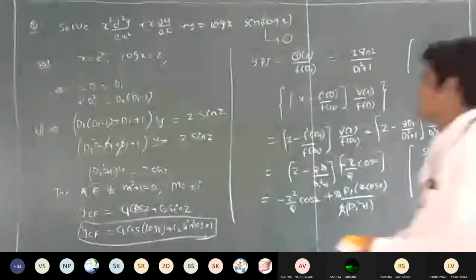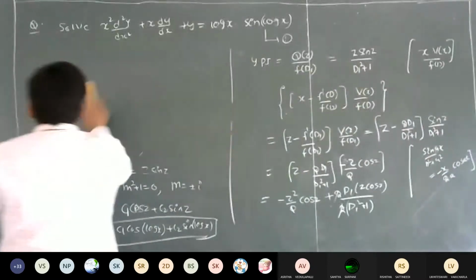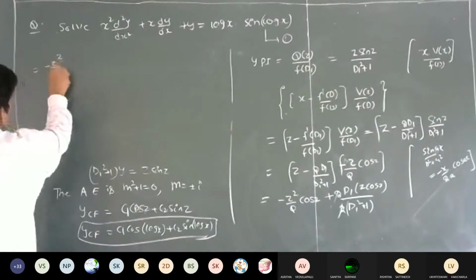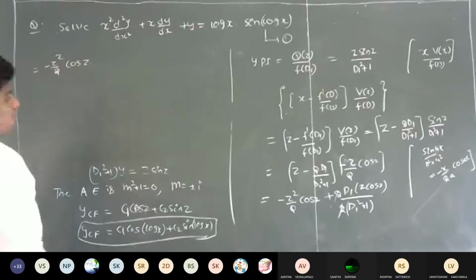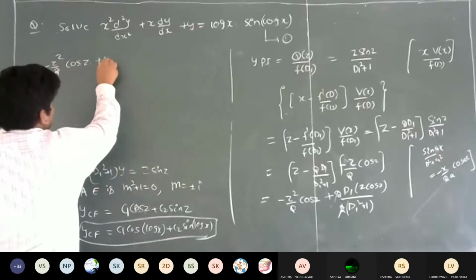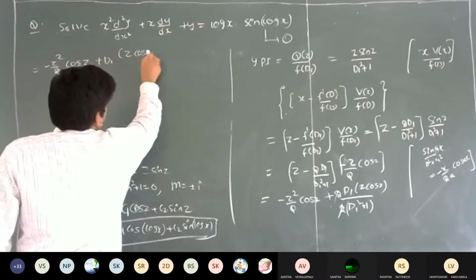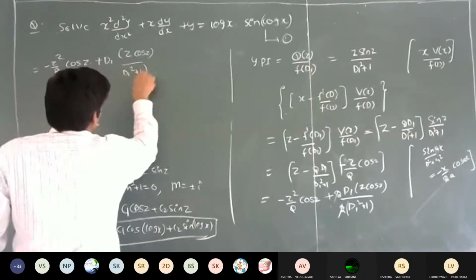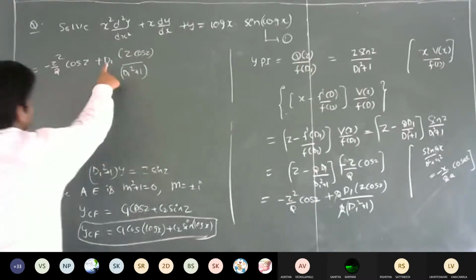So therefore it becomes equal to minus z square by 2 cos z plus d1 of z into cos z by d1 square plus 1 by d1 square plus 1.